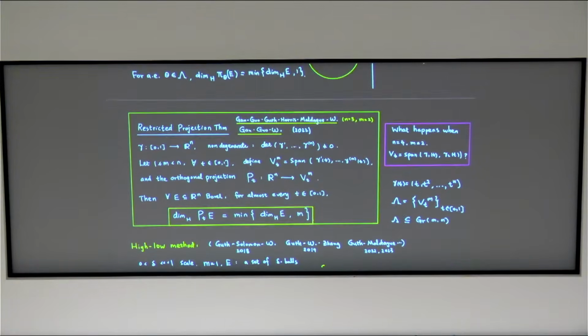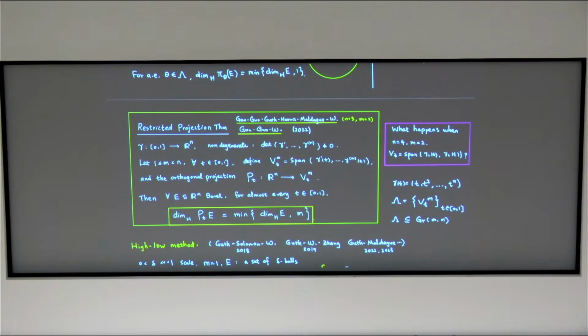We consider some curve in the Grassmannian that one can imagine has lots of curvature because it comes from consecutive derivatives of the moment curve. The observation is that if lambda is so-called curved enough, where one needs to define what it means to be curved enough, then we expect to have a very good projection estimate. And this is basically the best we can hope for.